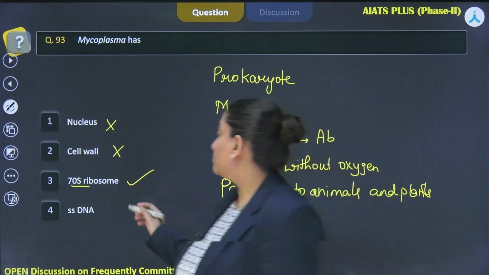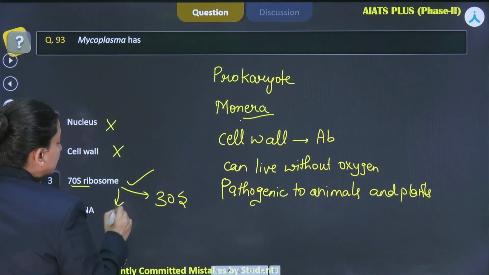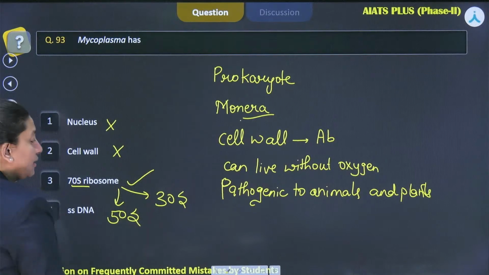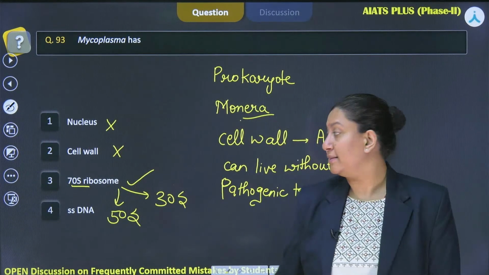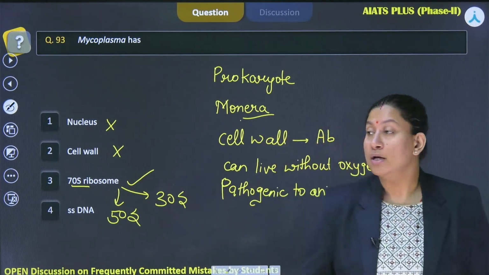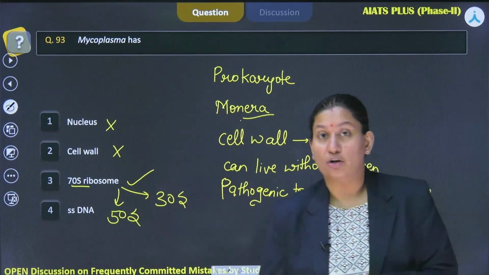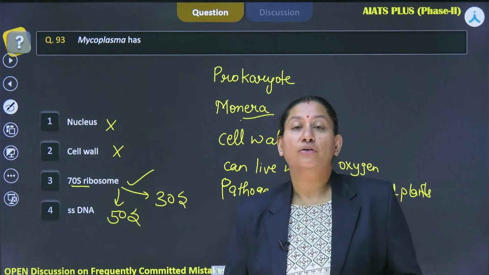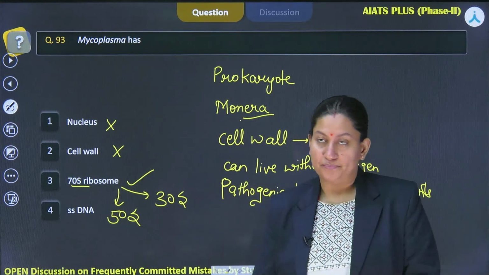In which the smaller subunit is of 30S size, while the larger one is 50S size, right? So ribosome is a non-membrane bound organelle, and this is an organelle that is common between the eukaryotic and prokaryotic cell. 70S ribosomes are also found in the eukaryotic cell, but there they are not the cytoplasmic ones. On the contrary, these 70S ribosomes are present in the plastids or in mitochondria, right?